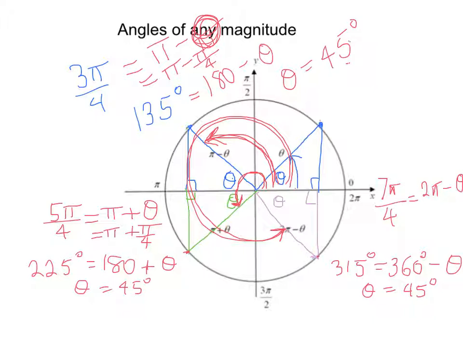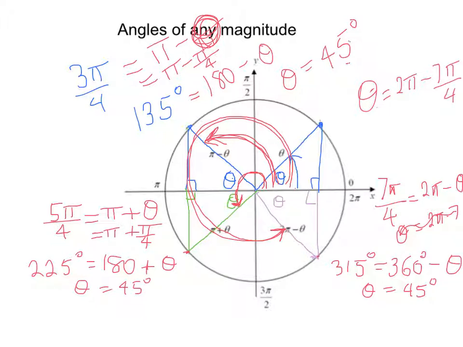Using a knowledge of fractions, we can say theta, just rearranging, equals 2 pi minus 7 pi on 4.